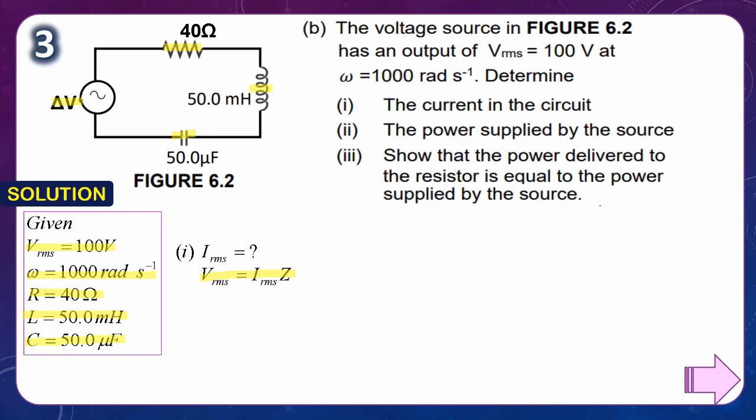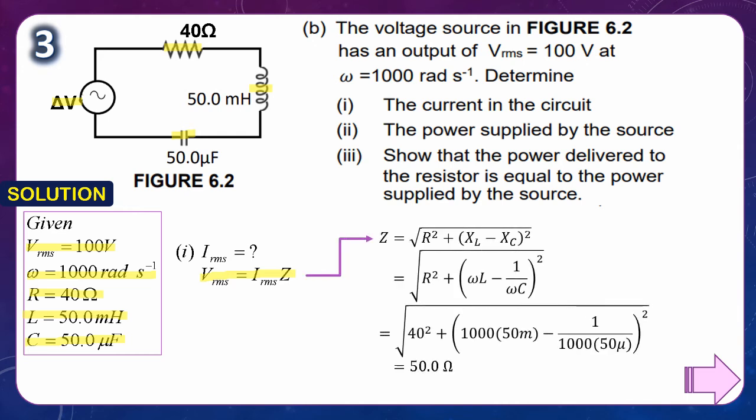But if you look at the information given, there is no value for impedance, Z. So we need to calculate the impedance first by using the equation Z equal to square root of R squared plus XL minus XC squared. Take note that XL is equal to omega L and XC is equal to 1 over omega C. When we substitute the values, we get the impedance for this circuit is 50 ohm.